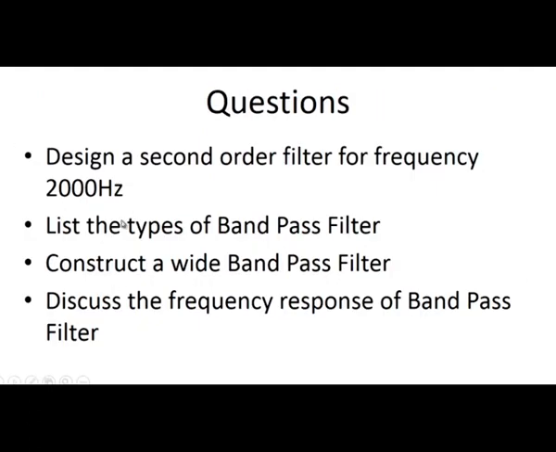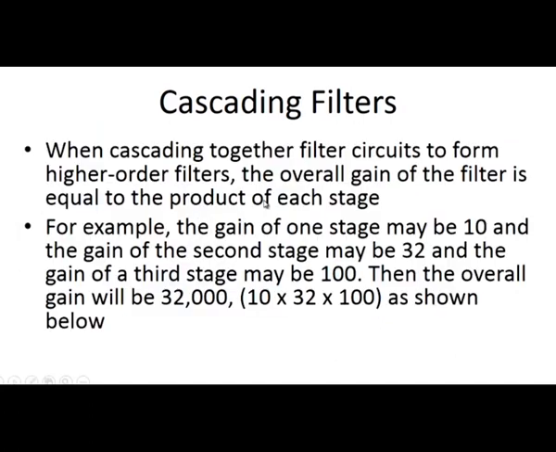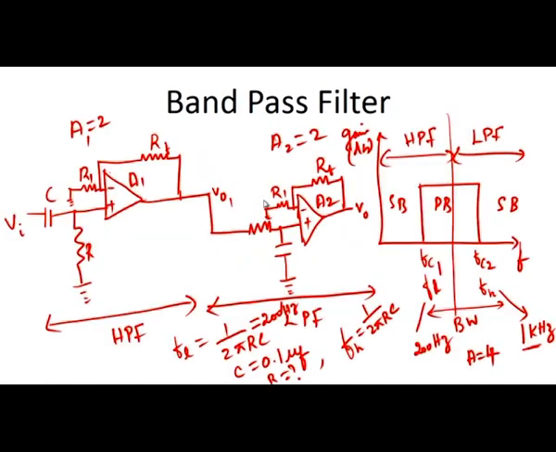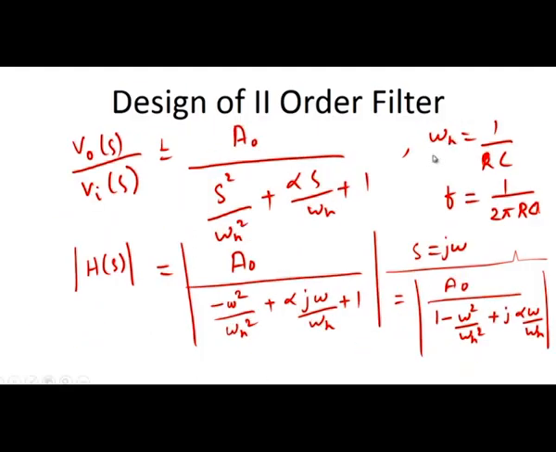So, in this class we have designed a second order filter for the frequency 2000 Hertz, for which we know that the frequency of the filter is f equal to 1 by 2 pi RC. So, here we have derived omega h is equal to 1 by RC.